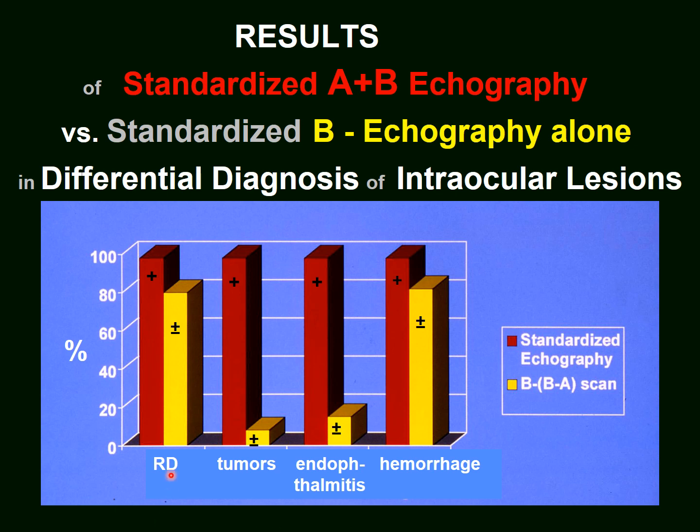And then when we look at B-scan alone, a weak soft diagnosis of about 80% in retinal detachment, much less in tumors and endophthalmitis, early endophthalmitis, and more than 80% in hemorrhages. But that's the difference between standardized echography, both A and B scan, and B scan alone in the eye.